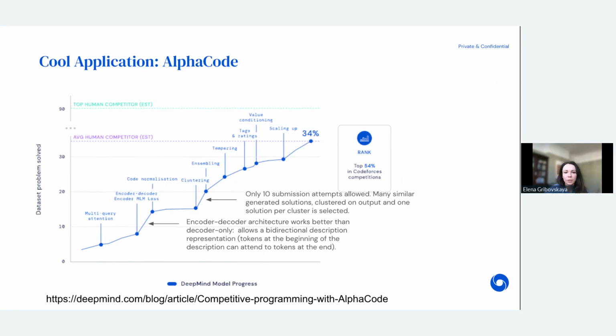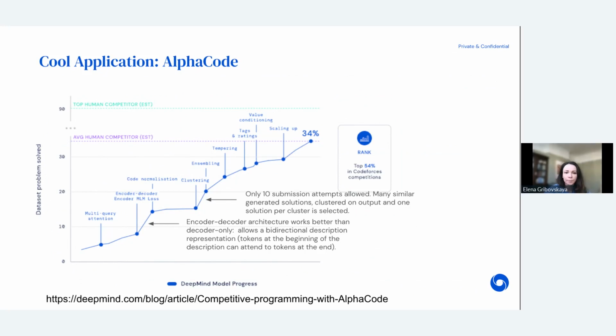So when the model looks at the problem definition, the tokens at the beginning of the description can attend to the tokens at the end, and vice versa. And so this ability to build a holistic representation of the problem definition is helpful.